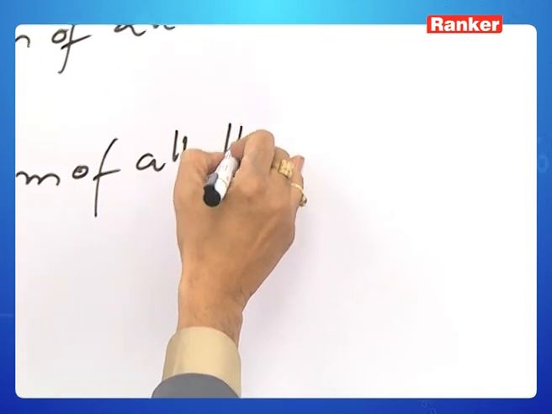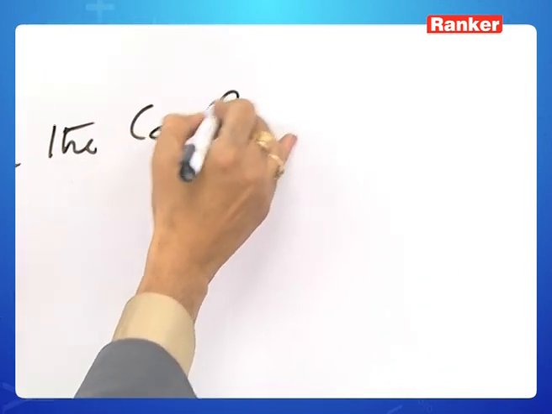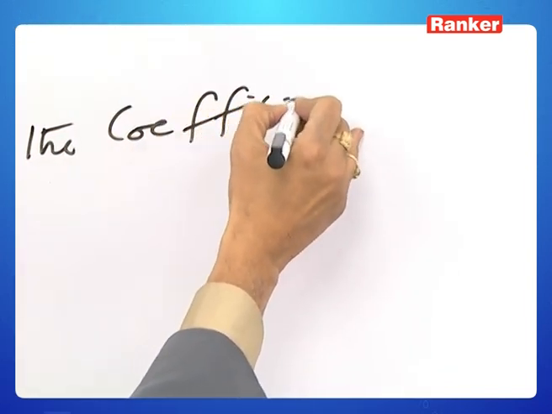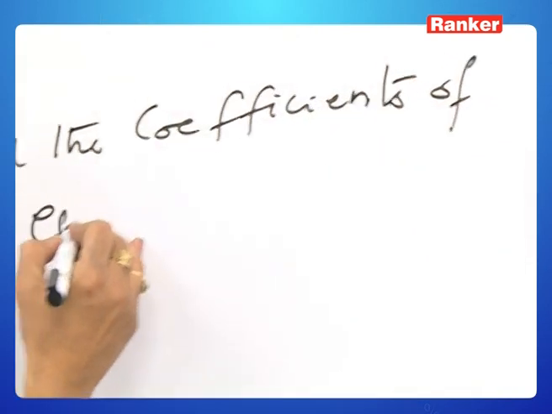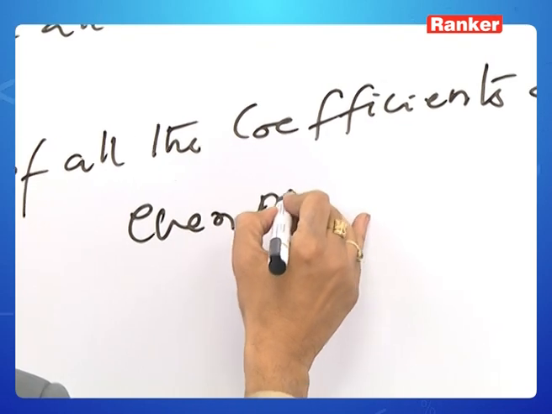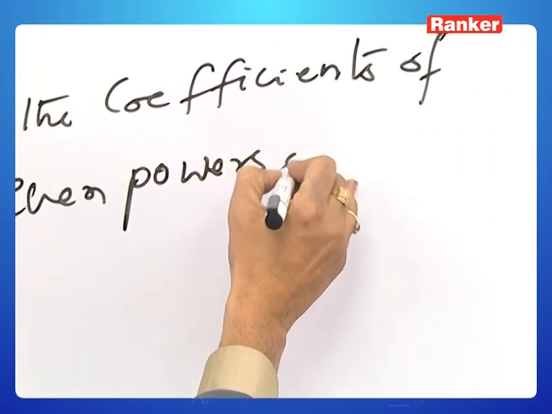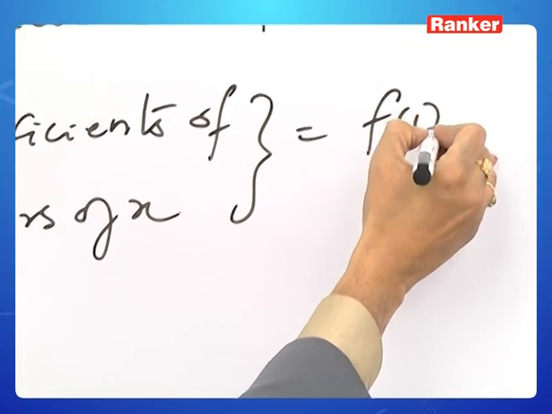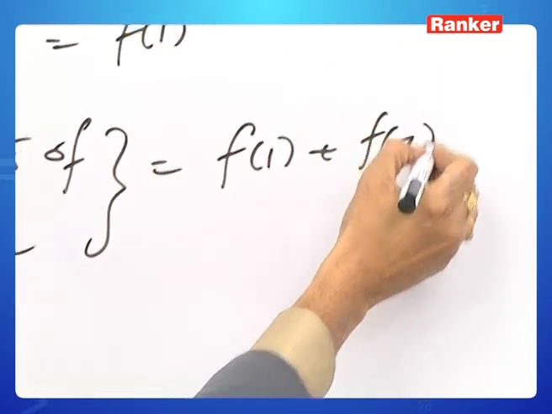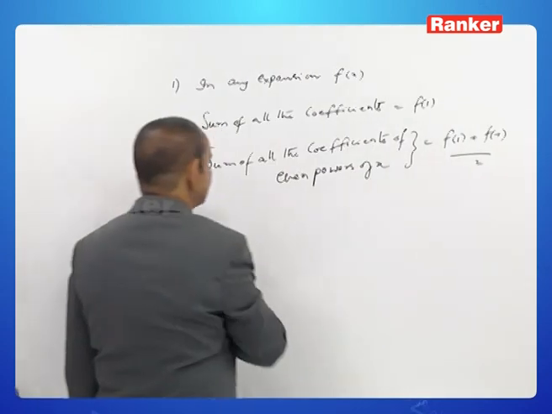Sum of all the coefficients of even powers of x is equal to (f of 1 plus f of minus 1) by 2.